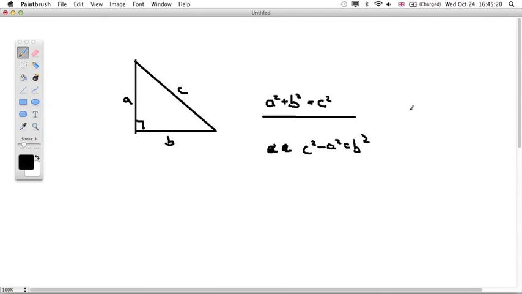For this chapter, you also need to know the basic triangles. There's the isosceles triangle, where two sides are equal and two angles are equal. If you have a triangle like this, they say this is an isosceles triangle, given that this side is equal to this side and these angles are equal to each other.